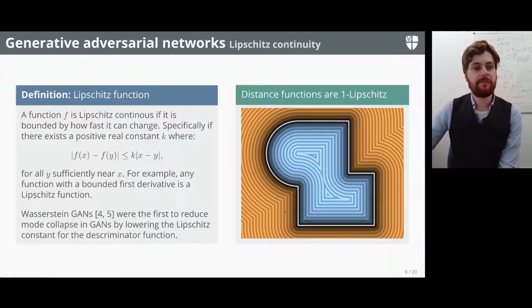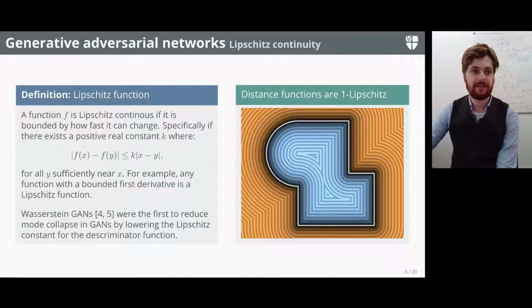But it's worth mentioning that what we really want is a distance function on the discriminator. We want the discriminator to have this kind of smooth fall off. This is a perfect one Lipschitz function. If you take any two points on a distance function, this is the Euclidean distance to this shape here.